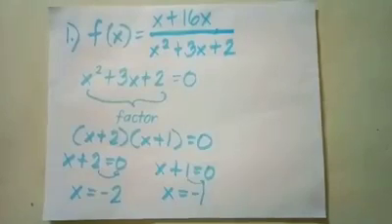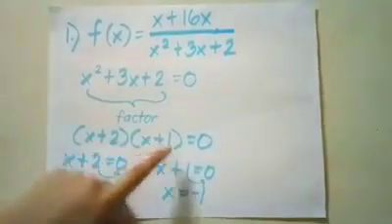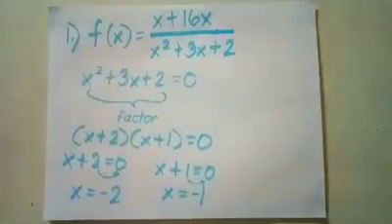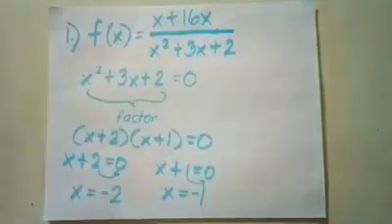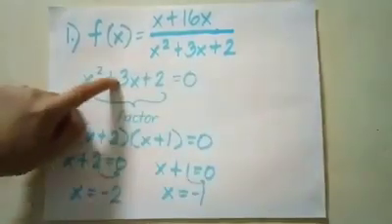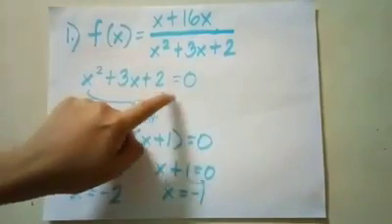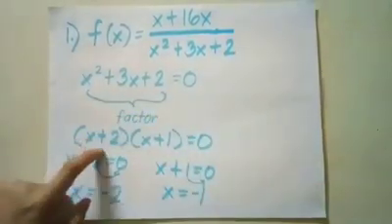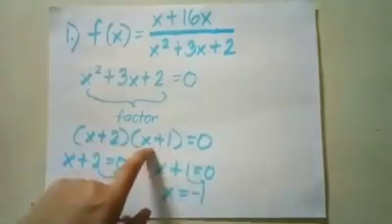Because when we multiply 2 and 1, the answer is the constant 2, and when we add 2 and 1, the answer is 3. So the factors of x squared plus 3x plus 2 are x plus 2 times x plus 1.